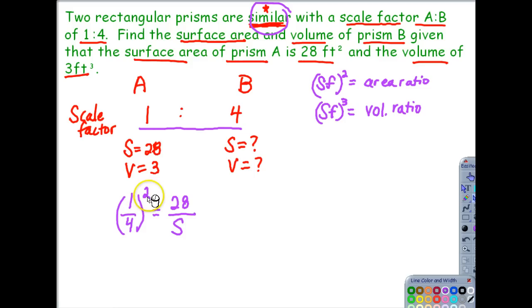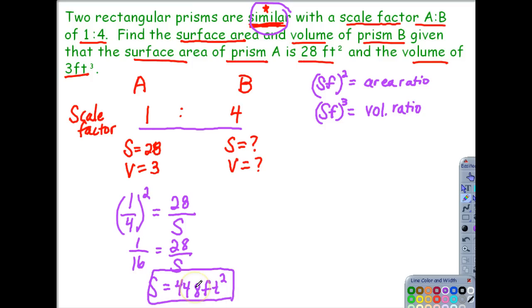The area ratio is the same as the scale factor squared, so we need to make sure we square that. So this is going to be 1 to 16 equals 28 to S. When we cross multiply, the surface area for prism B is 448, and this is feet squared.